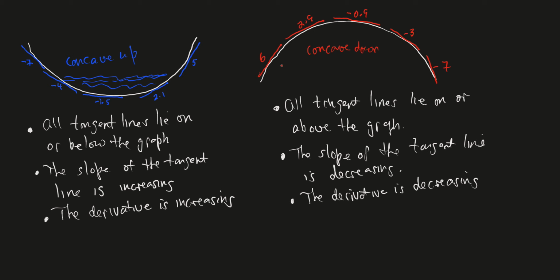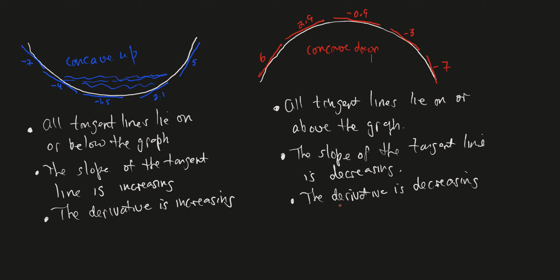If you were to try to pour water on this, it would spill the water. It couldn't hold the water. Another way to say it: it looks like a frown. So concave up like a cup, concave down like a frown. But again, we can define these two properties in terms of the derivative.